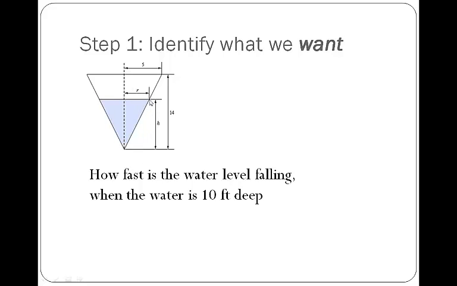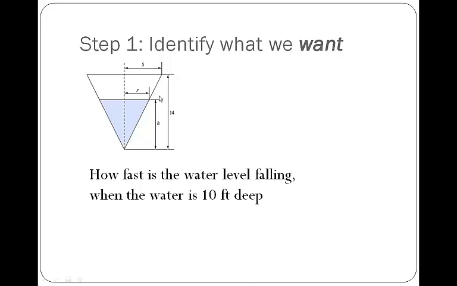And we're trying to figure out how that's changing because that water level is going to decrease as the water drains out. So we're trying to figure out the change in height, really, the change in height of this water cone, if you will, with respect to time. At the very instant, so notice here, it's not overall, it wants to know how fast is the water falling at the instant when the water is 10 feet deep.